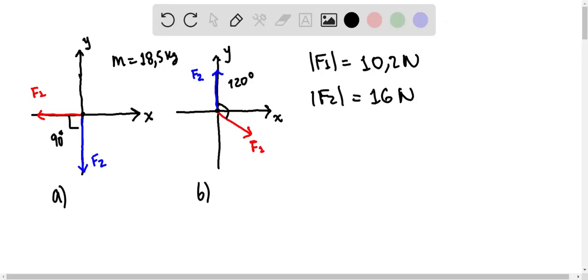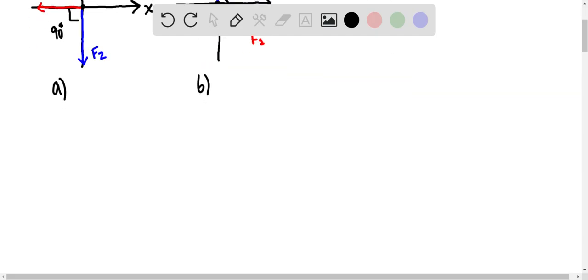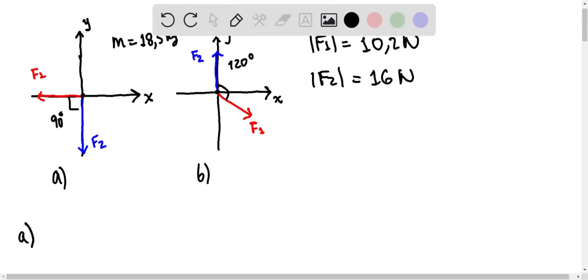To find the net force in, for example, case 1, we just need to find the components of each of these forces. For F1, in the first case, F1 only has a component in the x-axis and it is in the negative part.